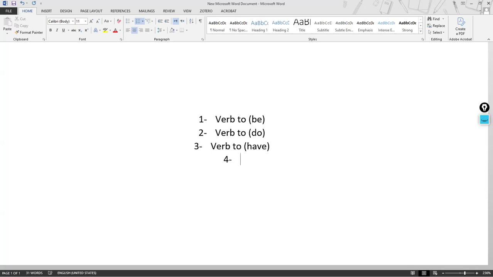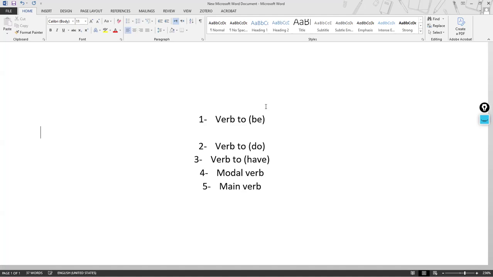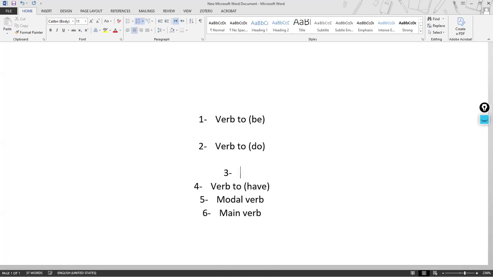Fourth, modal verb. Fifth, main verb. Listen to me carefully, Subhi, because the rule I'm going to explain is the most important rule, especially if I'm asking a question and if I'm using negative in the sentence.